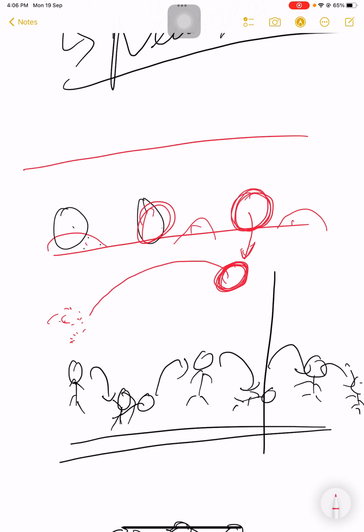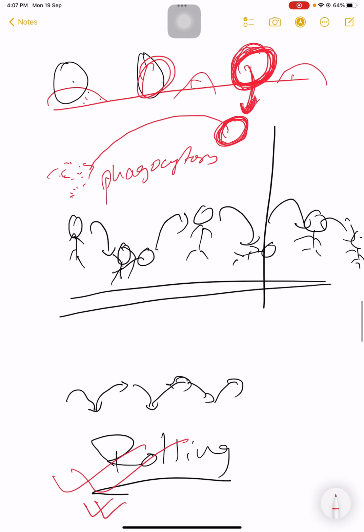This leukocyte will engulf them by the process of phagocytosis. This movement from the intravascular space to the interstitial space with the help of PCAM is known as diapedesis or transmigration. Clear?